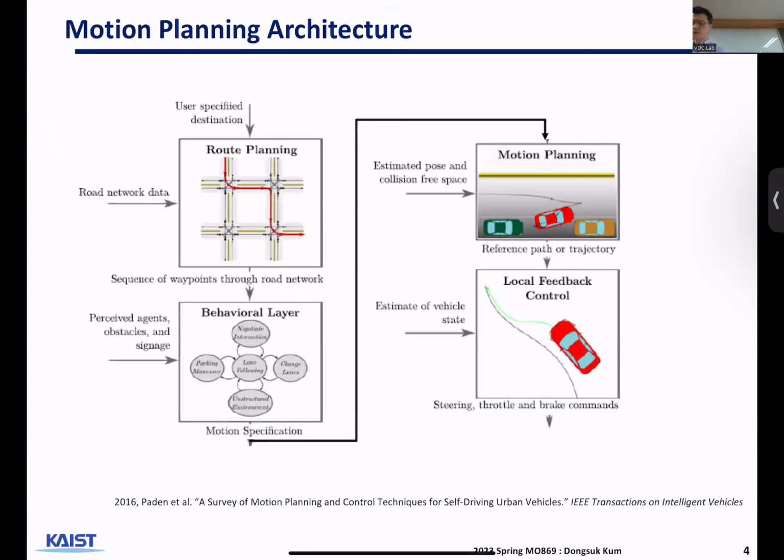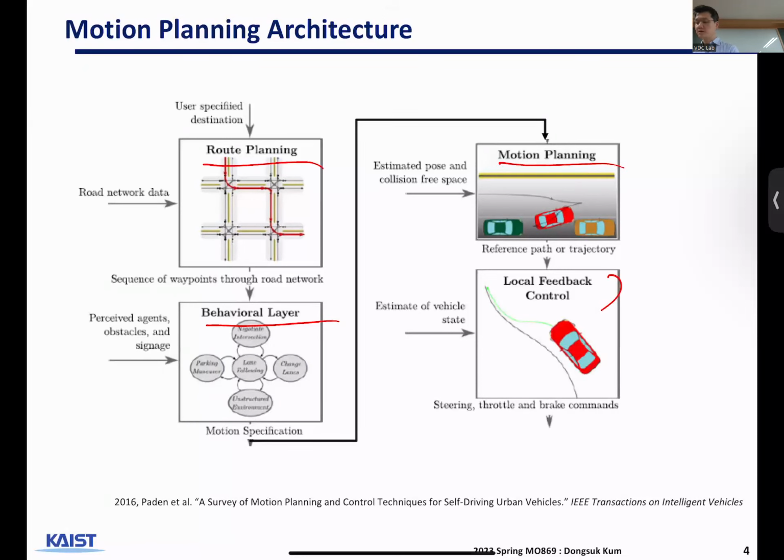So last lecture, we introduced you to the motion planning architecture, and we mentioned these four modules within the motion planner. The first one was route planning, second the behavioral layer, then local motion planning, and then the control part.